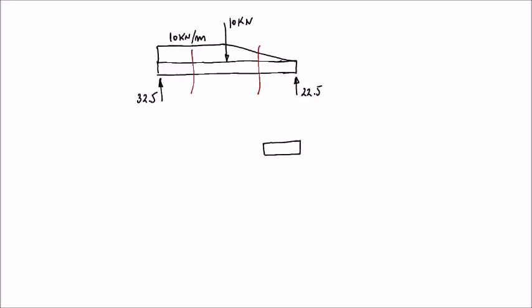we will have this reaction of 22.5 at point B. We have this little bit of this distributed load, and so we did cut the beam in this section, right? So, and then we need to include the bending moment.